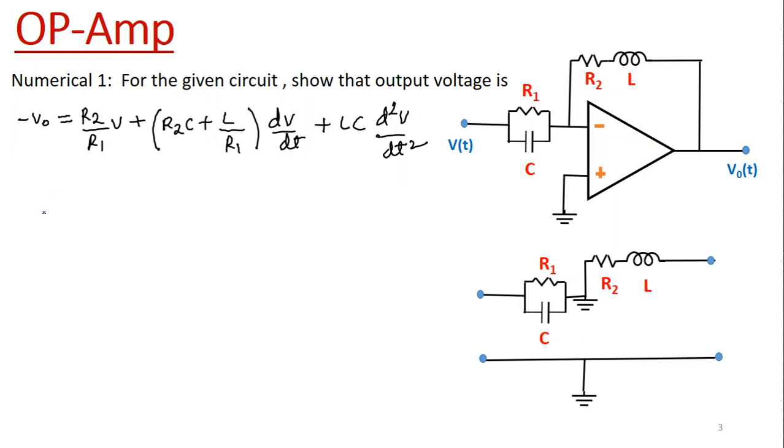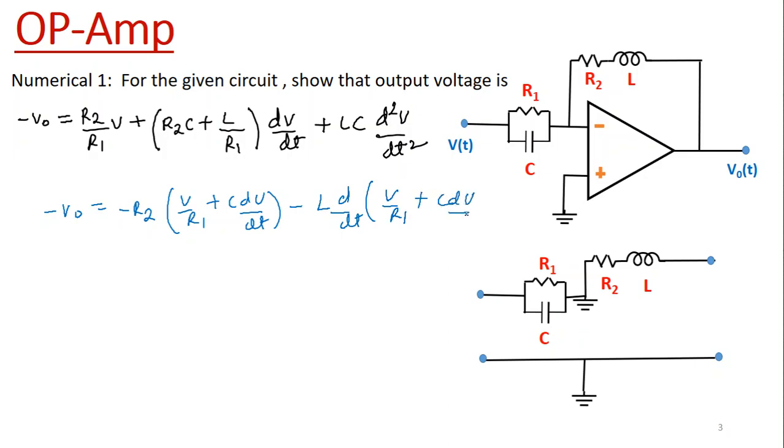We will get minus of V0 is equal to minus R2 into I, where I is V upon R1 plus C dV by dt, minus L di by dt. So L into d by dt of I means L into d by dt of V upon R1 plus C dV by dt. This is the equation we are getting.